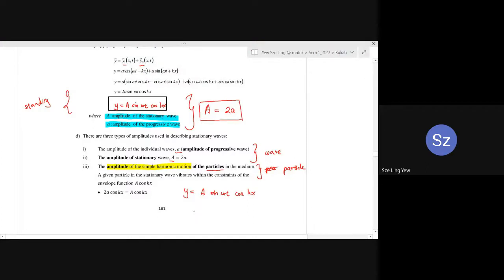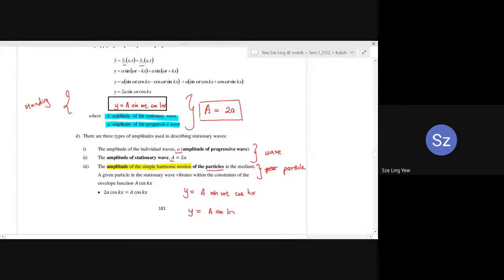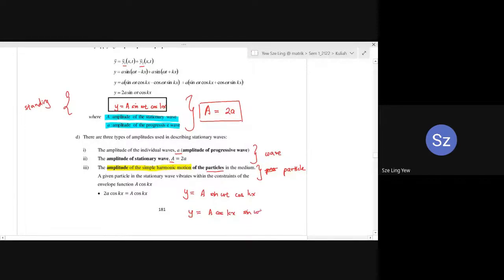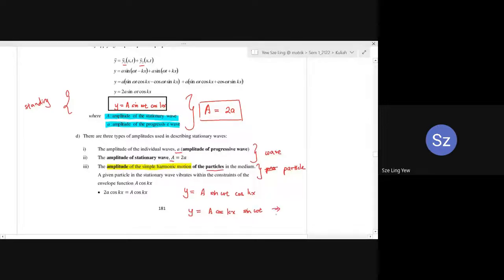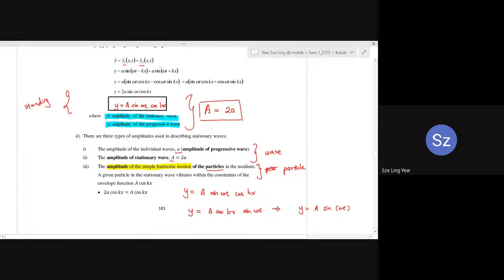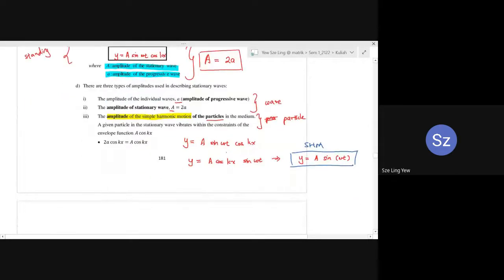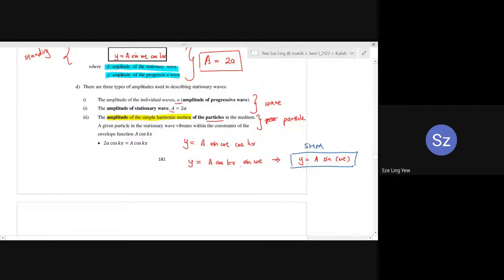We rearrange the equation: y equals A cos kx sine omega t. Then you compare it with the general equation in simple harmonic motion, y equals a sine omega t. This tells you that this whole part, A cos kx, is the amplitude of the particle.